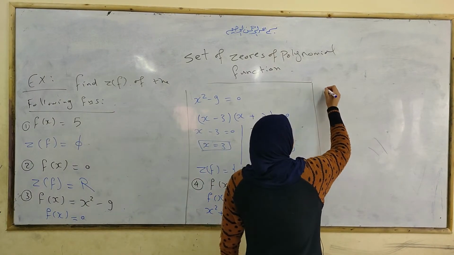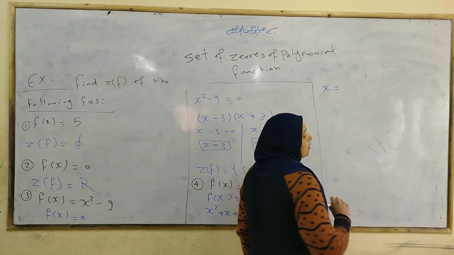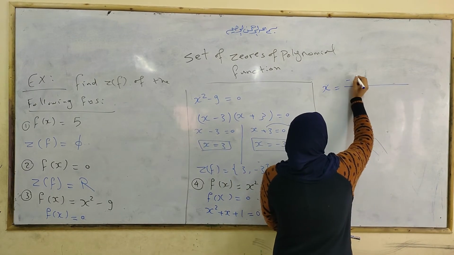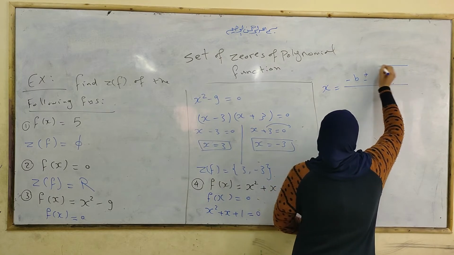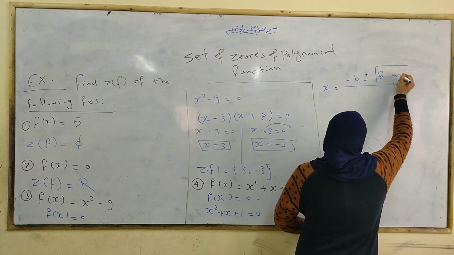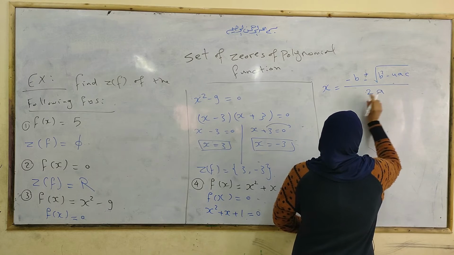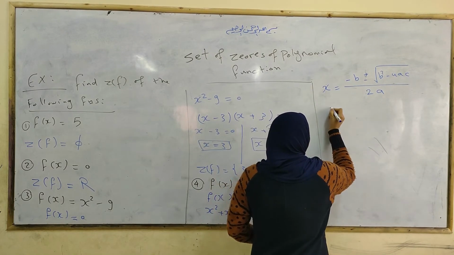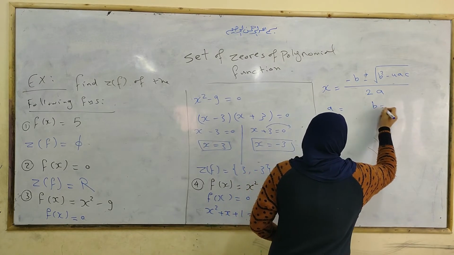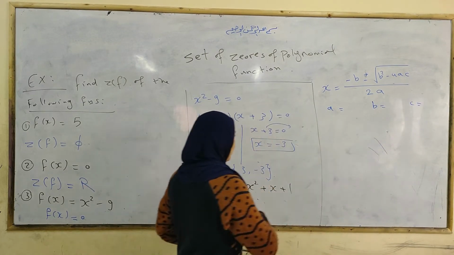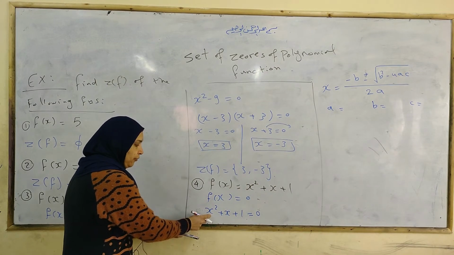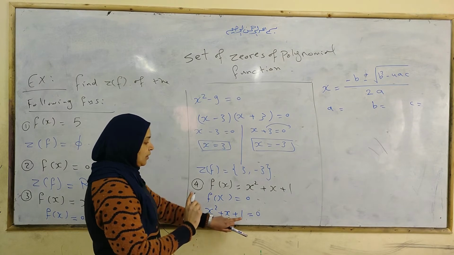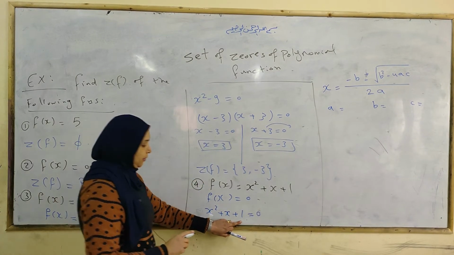So we use the general formula to find the solution set. The general formula is negative b, positive or negative, square root of b power 2 minus 4ac, divided by 2a. What is the meaning of a, b and c? For the function, a equals the coefficient of x power 2, b is the coefficient of x, c is the absolute term.